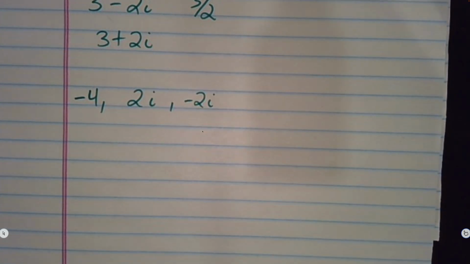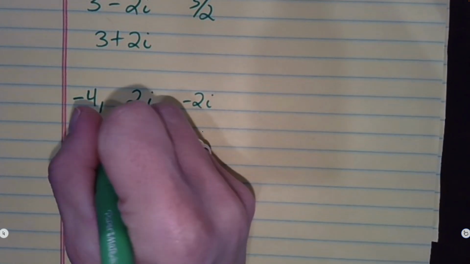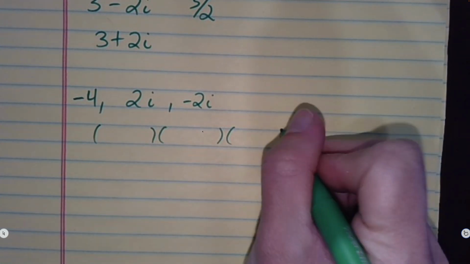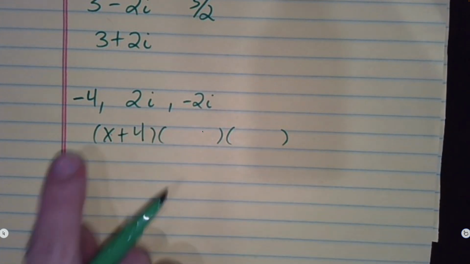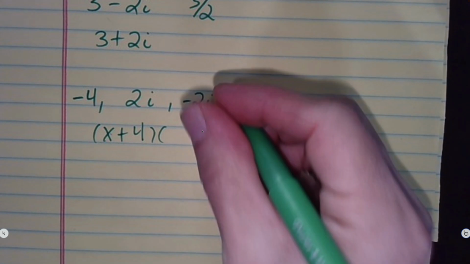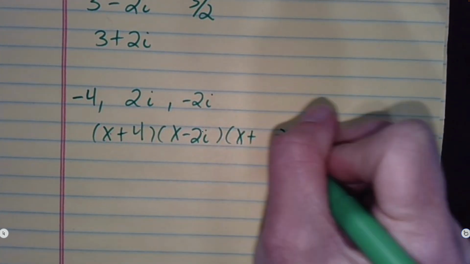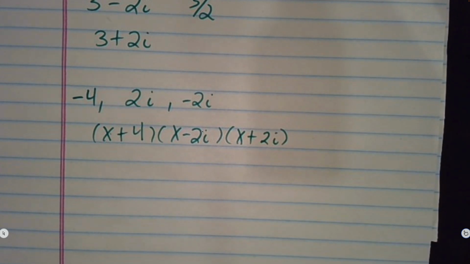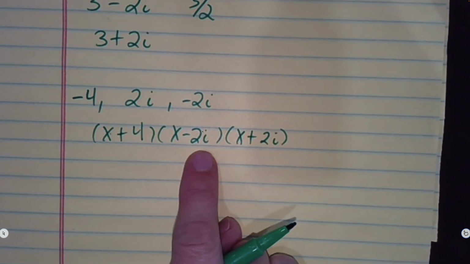Now, if I write those roots in factored form, that would be x plus 4. Why is it plus 4? Because it's the opposite. What would my next one be? x minus 2i, and then what would my last one be? Would it matter what order you put them in? No. But they don't want it in this form, they want us to write the polynomial in standard form.